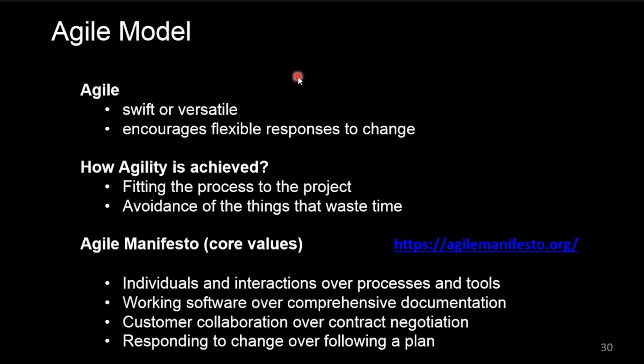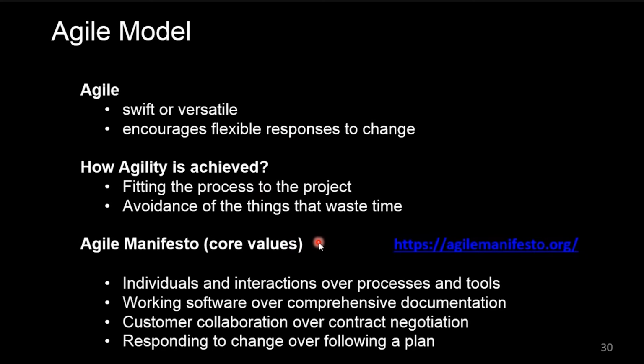Also, this Agile model encourages flexible responses to change. This is the main feature of the Agile model: it is able to facilitate the change requirements from the customer, and it can incorporate all those requirements efficiently into your project.